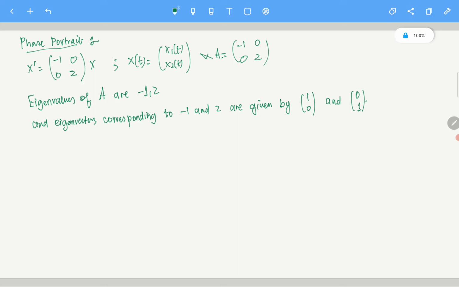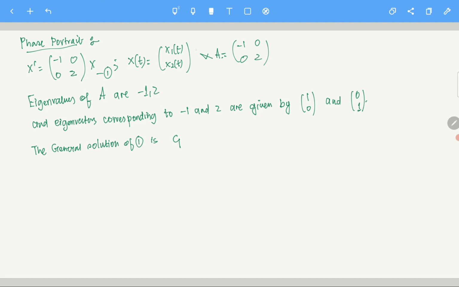We got these eigenvectors, so now the general solution. If you remember, it has constants c1 and c2.